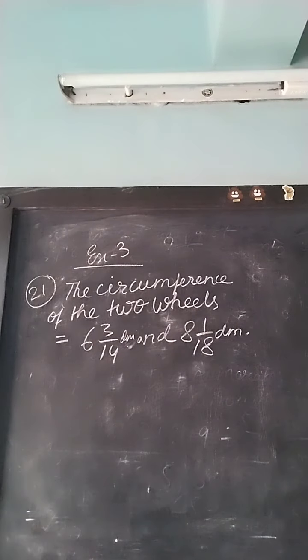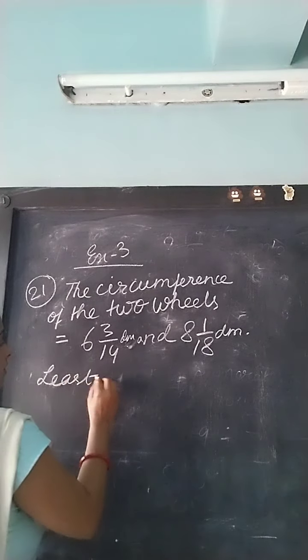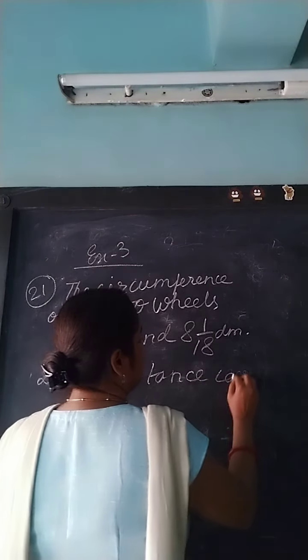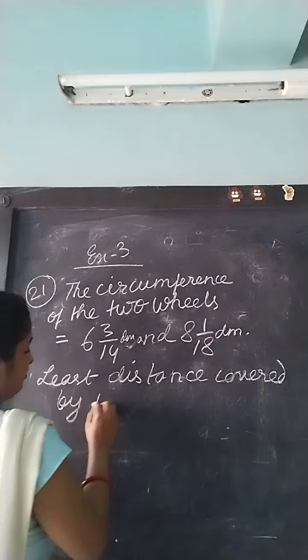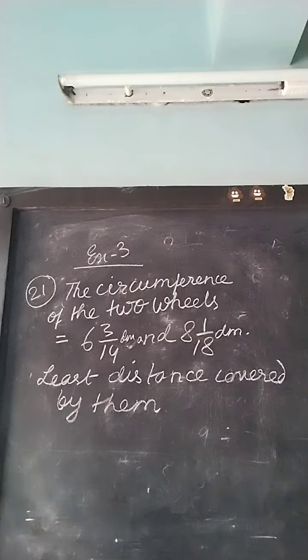This is given. The circumference of the two wheels are given. You are asked to find out the least distance covered by them. The least distance covered by them.